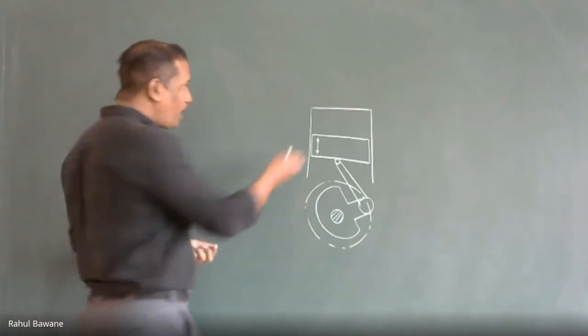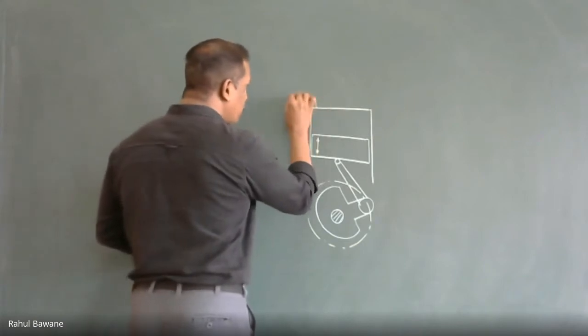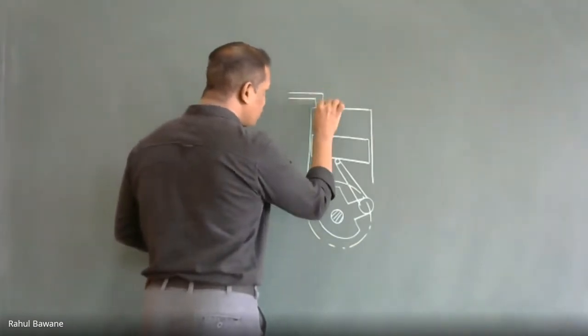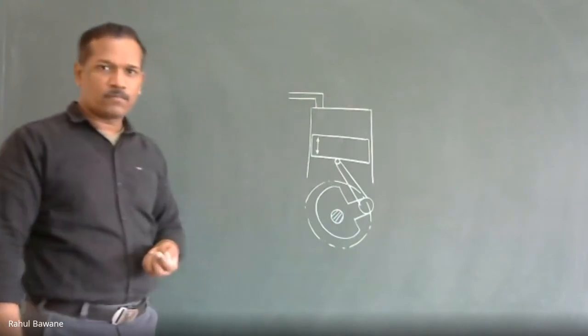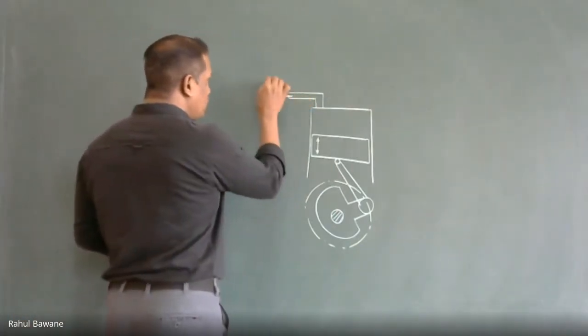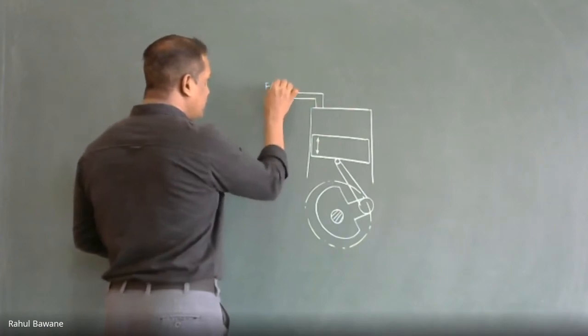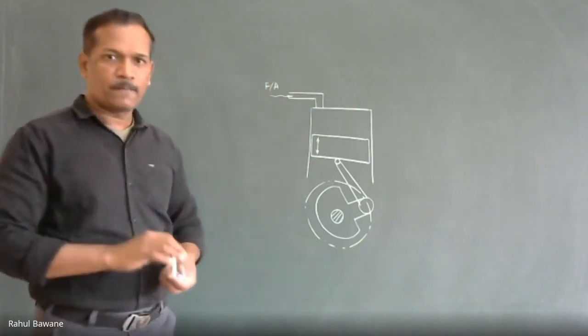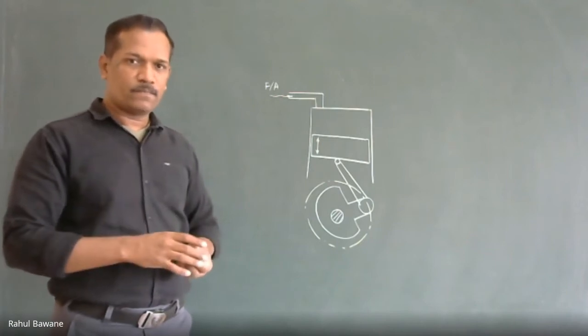Now we have to provide some source of energy. Suppose it is a bike engine and we are providing a fuel air mixture. Petrol is there.